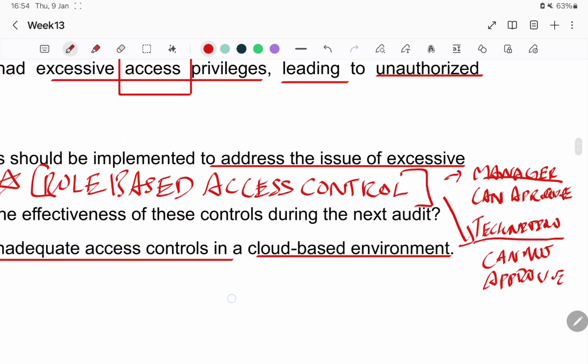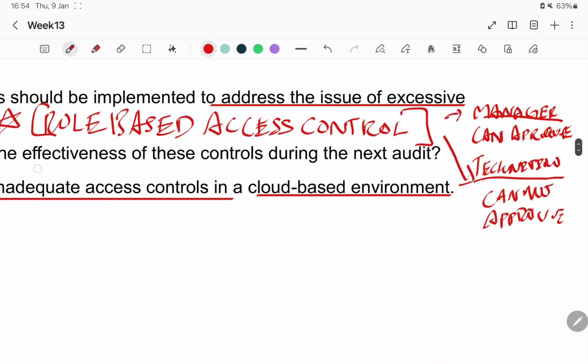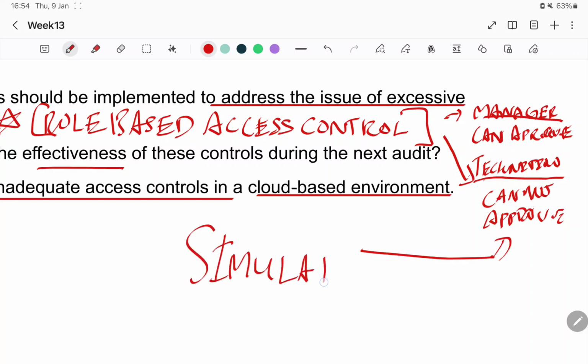These are the examples. Alright, manager can approve, the technician cannot approve. Then how are you going to test this effectiveness? You're going to do what we call a simulation. You're going to simulate whether the technician really cannot approve or not. You are doing a simulation, a test.